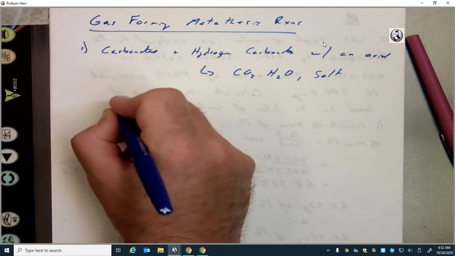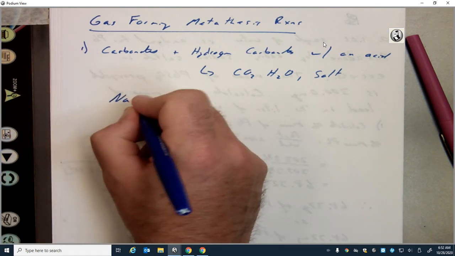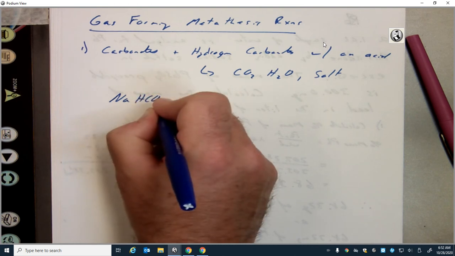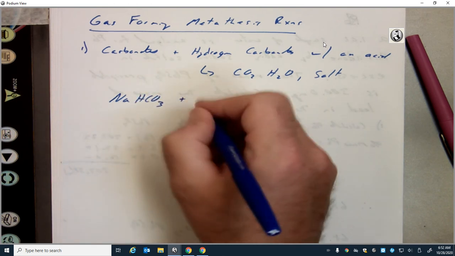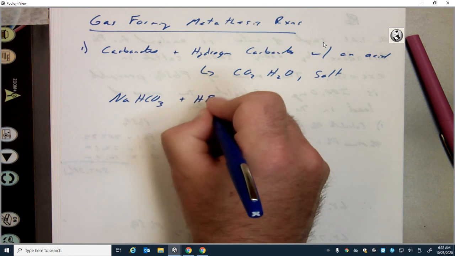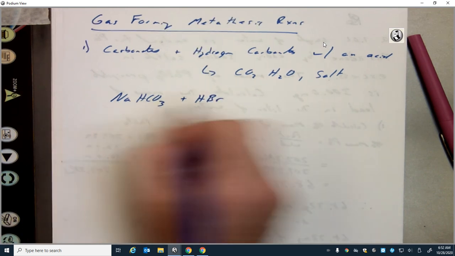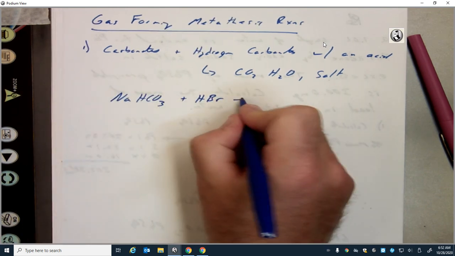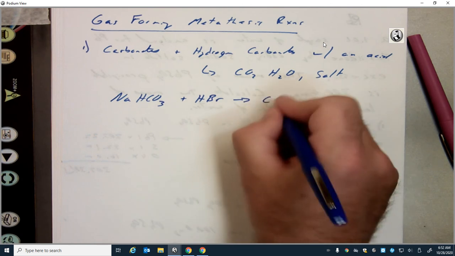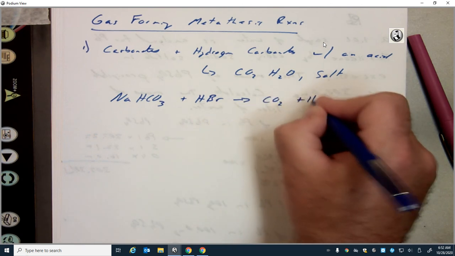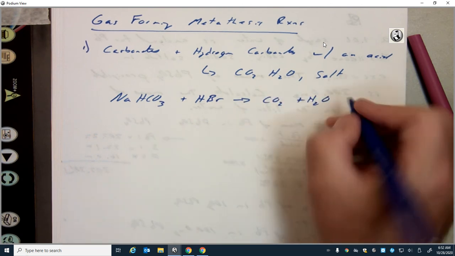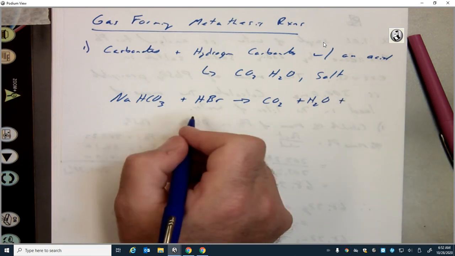All right, so let's say we have sodium hydrogen carbonate, and it reacts with, I don't know, how about HBr? Okay, so this is a hydrogen carbonate. It will always produce carbon dioxide, H2O, and it's going to do the same thing.